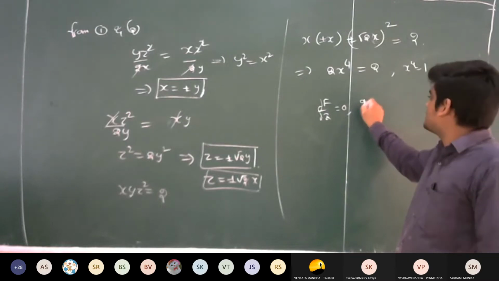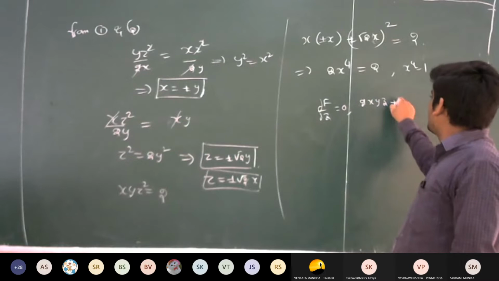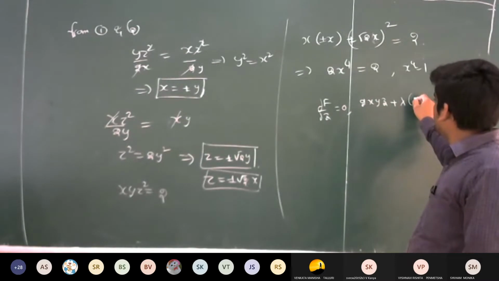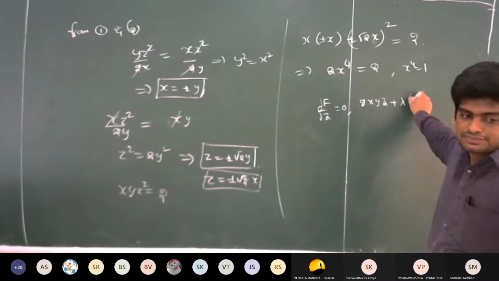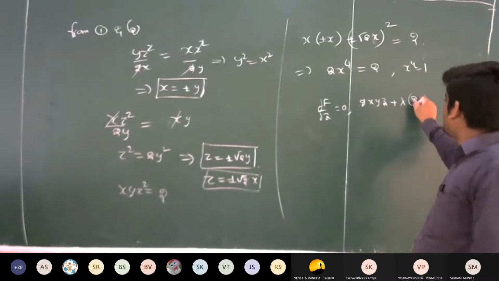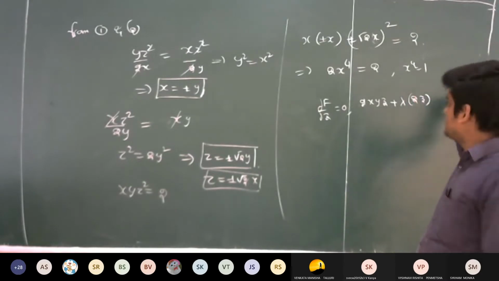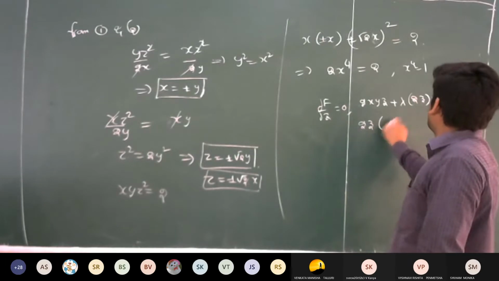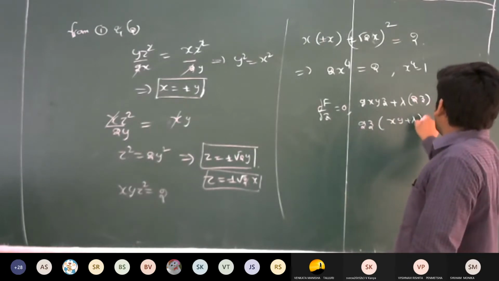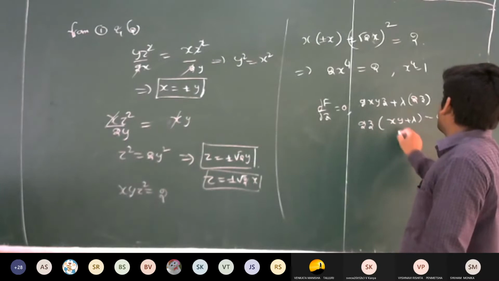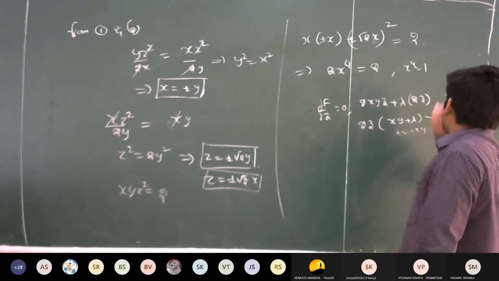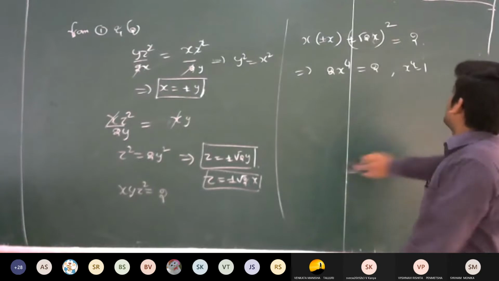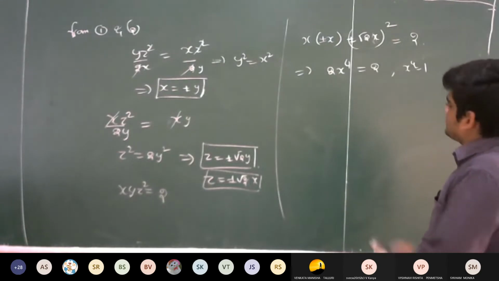That is x y minus z something, plus lambda into 2z. So this is equal to 0. From this, 2z into xy plus lambda is equal to 0. So that was incorrect. Lambda is equal to minus x.